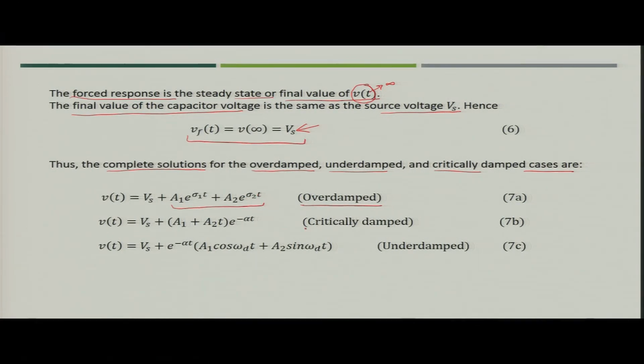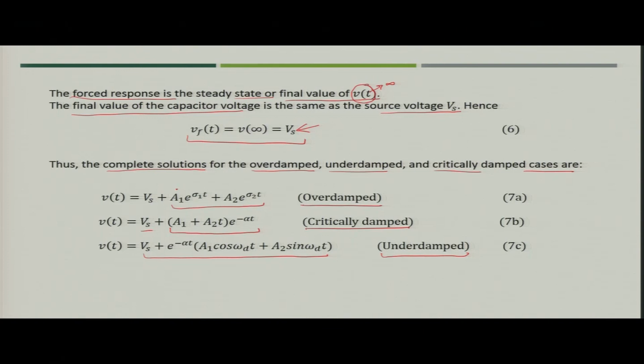In the case of critically damped, you just write Vs plus (A1 plus A2 t) into e to the power minus alpha t. For the underdamped case, you will write Vs plus e to the power minus alpha t into (A1 cos omega_d t plus A2 sin omega_d t). So, this would be the underdamped case.